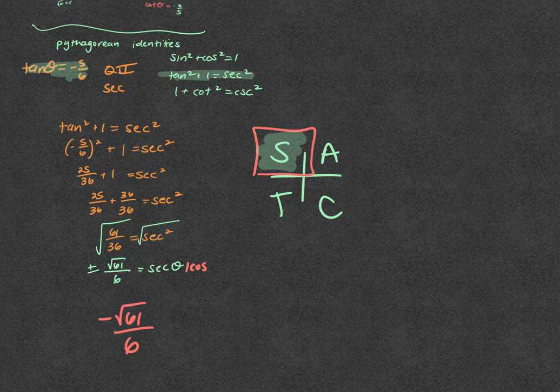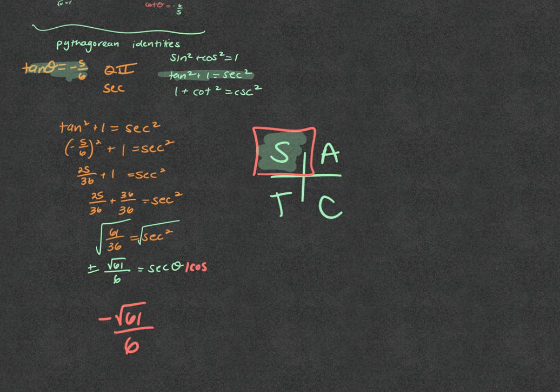Since secant and cosine are not positive in the second quadrant, they're negative. Correct. Sine and its reciprocal function, which is cosecant, are the only things in the second quadrant that are positive. Everything else is negative.